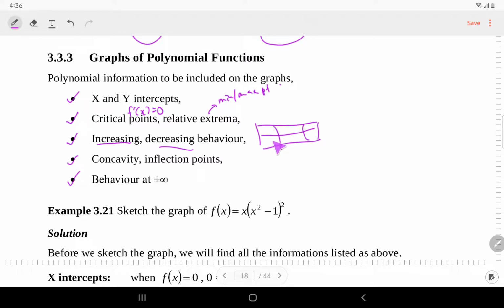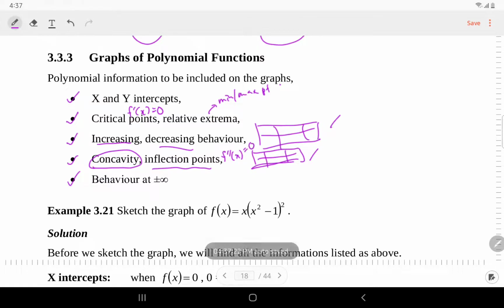Table yang kita tengok mana interval increasing, mana interval yang decreasing. And then concavity. Concavity pun kita kena buat table juga. Tapi table ni berbeza. So for concavity, kita kena carilah interval mana yang concave up. And then which interval are concave down. And then inflection point. Inflection point kita boleh dapat daripada f double prime x equal 0.